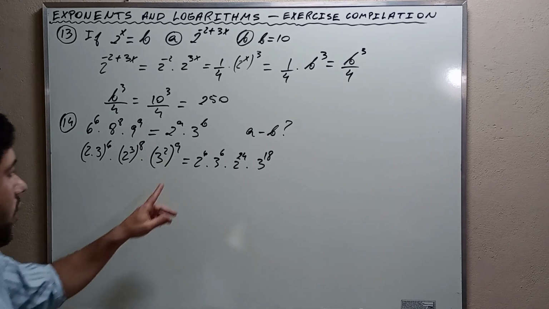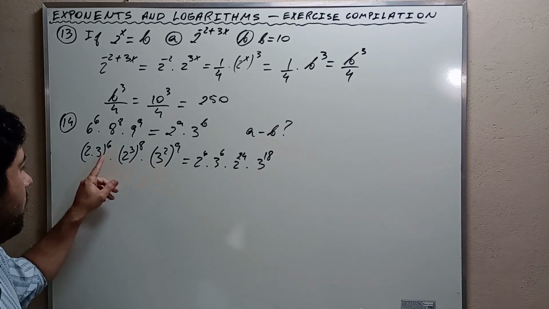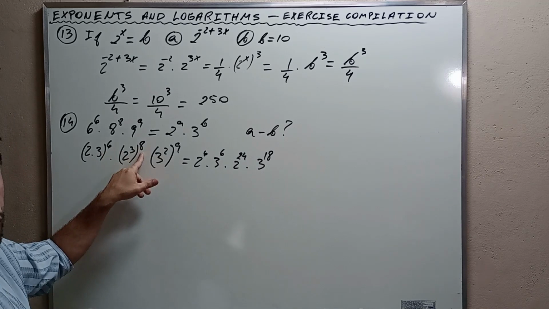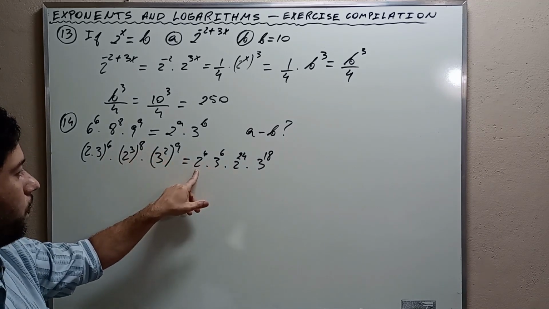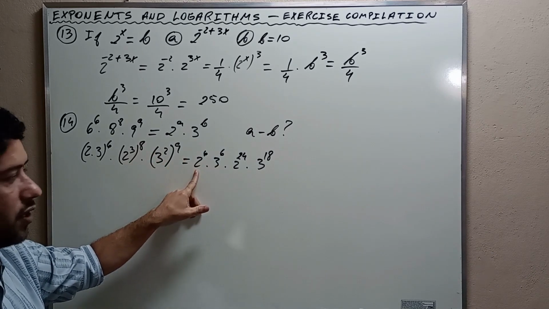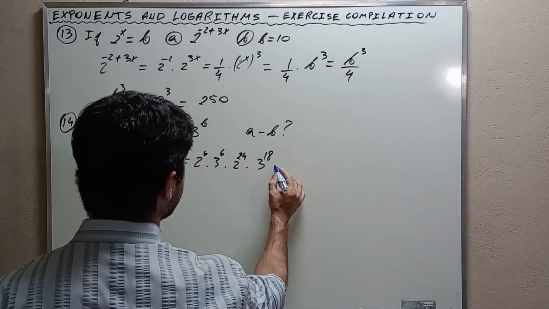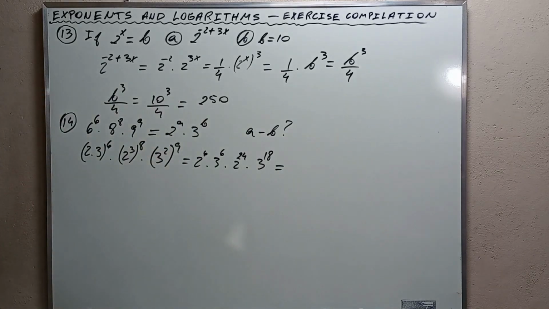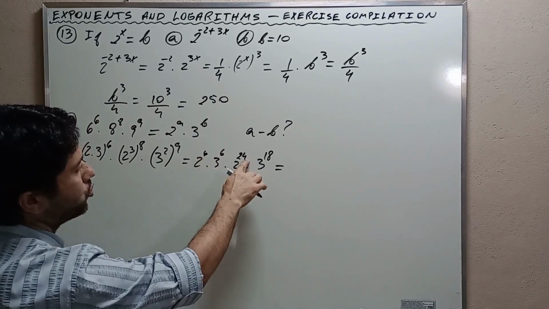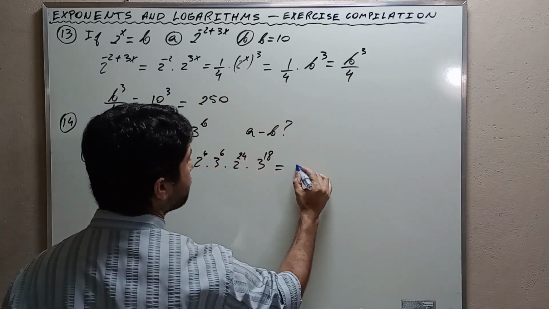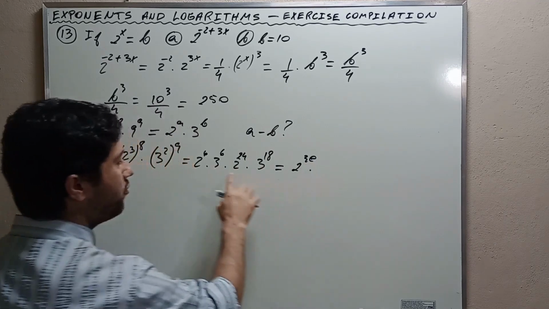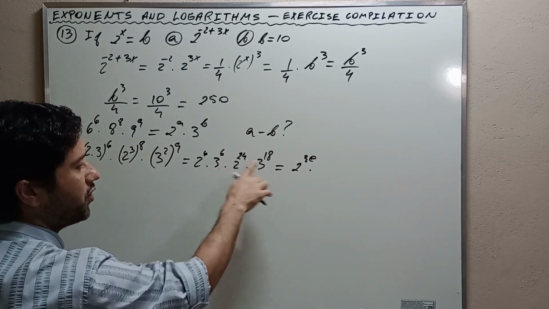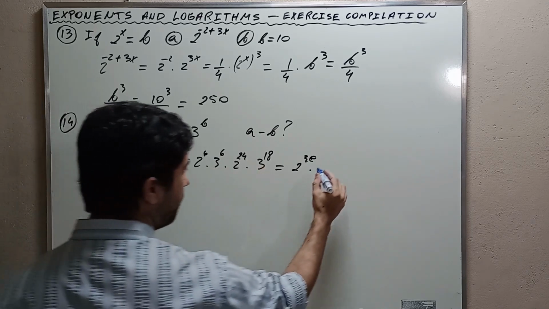And now it is not multiplication anymore like this. Here it was multiplication 3 times 8, 24. Now it is not multiplication anymore, it is addition. Then our number becomes 6 plus 24 is 30. And for the 3's, 6 plus 18 is 24. Okay?